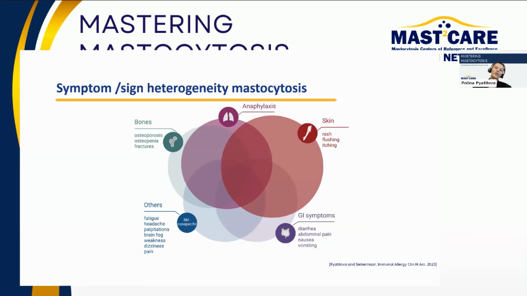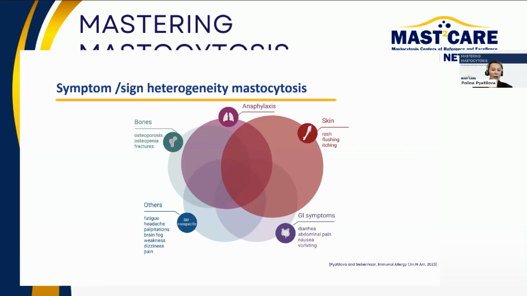So typical mastocytosis lesions. Every third patient could have osteoporosis. And there are also GI symptoms like diarrhea or nausea, and also unspecific symptoms, which is a big challenge for us to think if it could be mastocytosis.